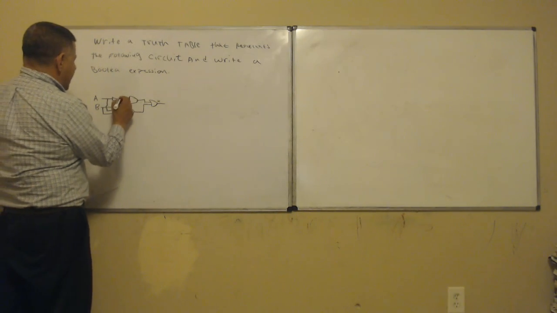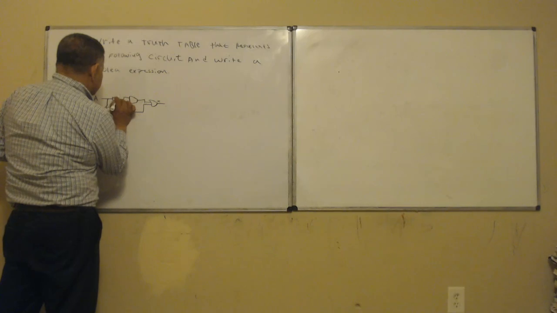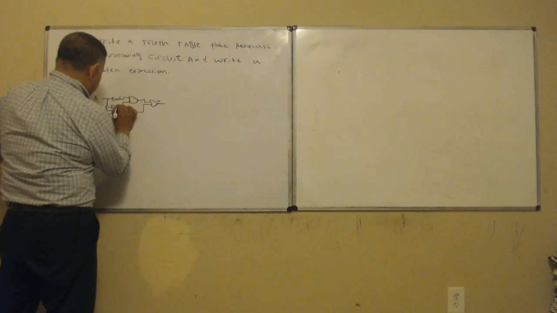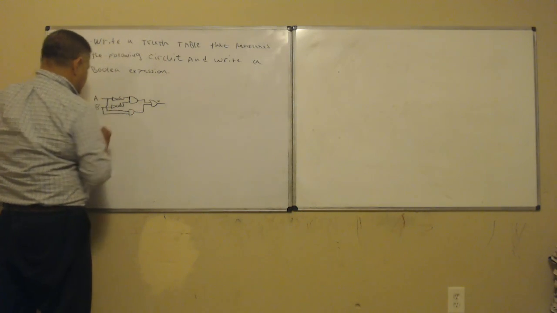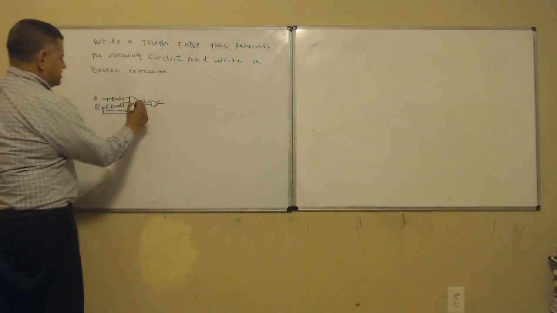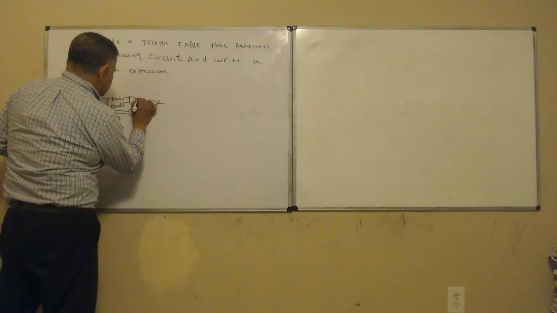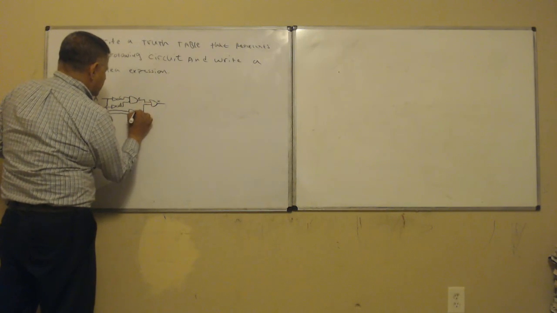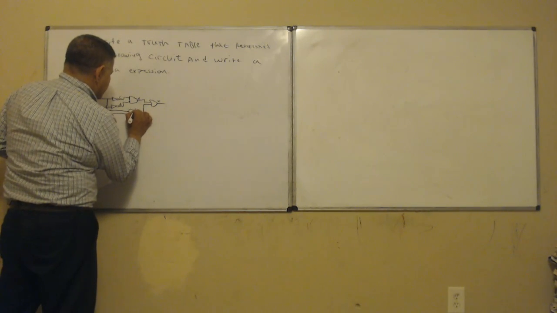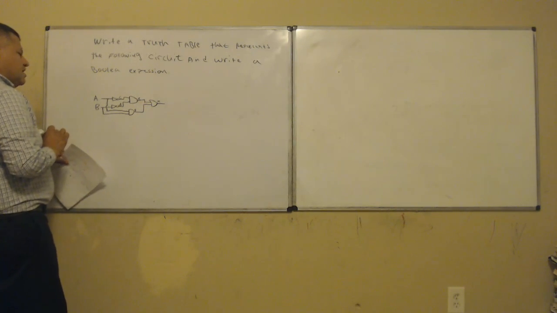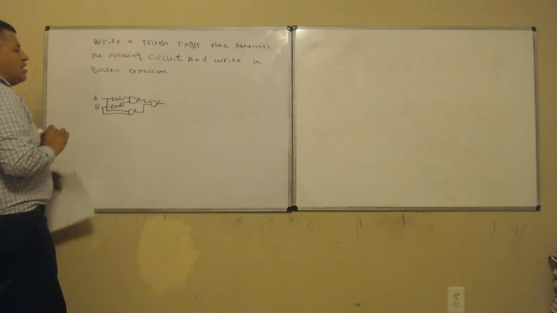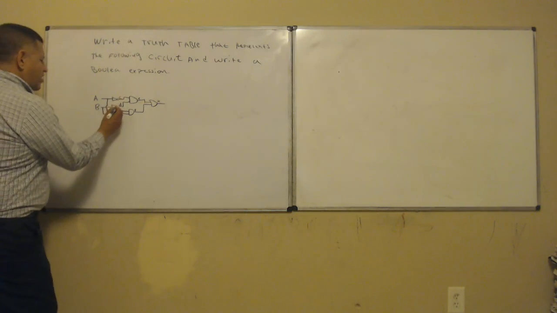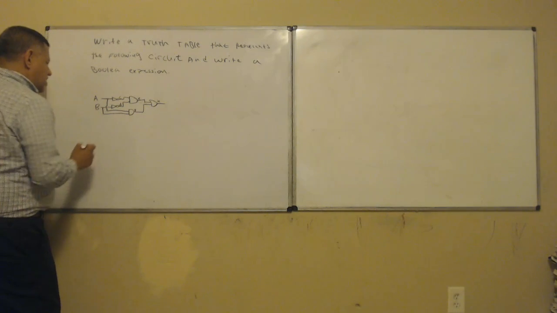So I want to call that C, and then call that D, and then call this E, and call this F. Now we're talking, right? We have labeled all the points where there is a change.